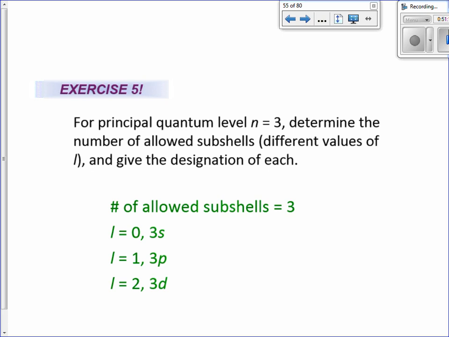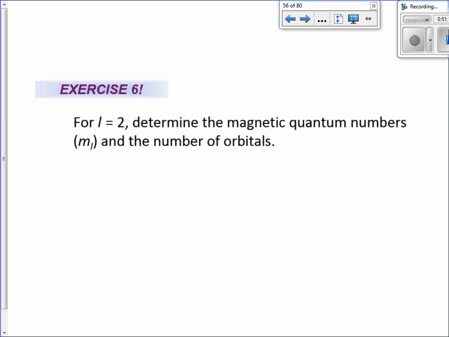Let's look at the next one. Exercise 6. For l equals 2, determine the magnetic quantum numbers, m sub l, and the number of orbitals. What could that be? First of all, if l equals 2, what kind of level are we in? We're in a d. Good. So if l equals 2, we're in a d.